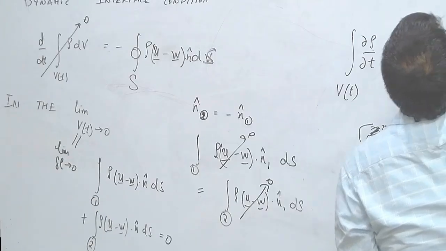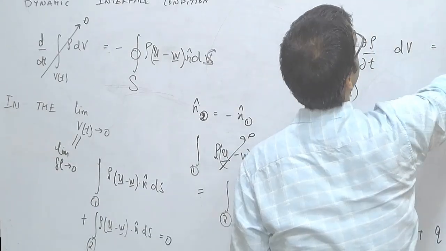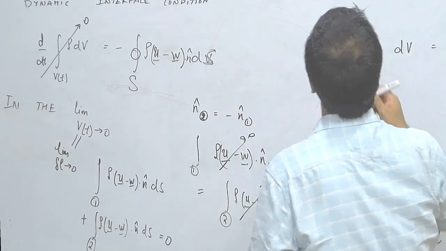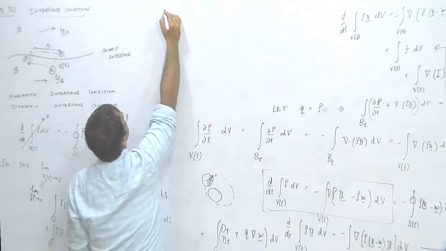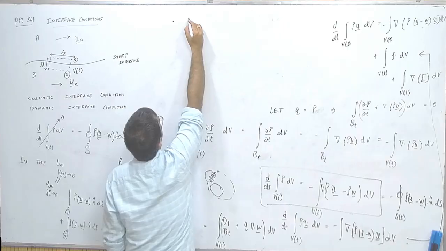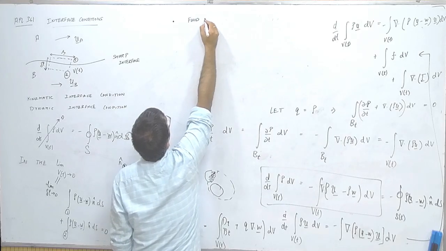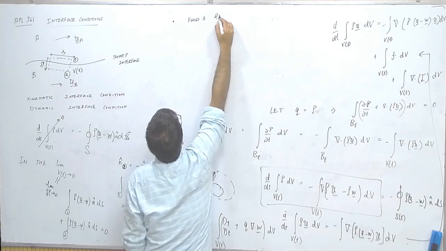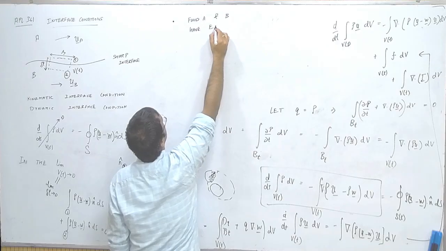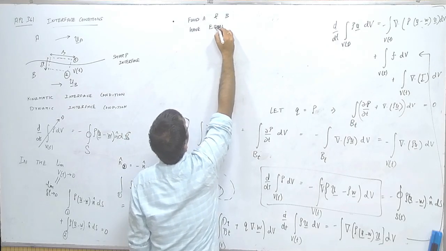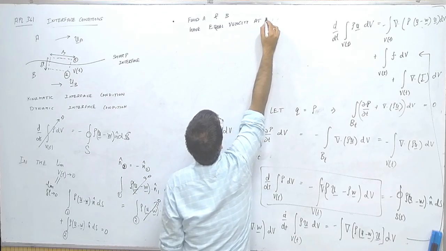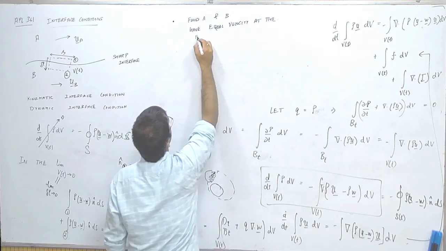So now, having shown you that this doesn't work for mass equation, what works is basically nothing. The kinematic interface condition is a hypothesis, and what we hypothesize is that the fluid velocity, so fluid A and B have equal velocity at the interface.